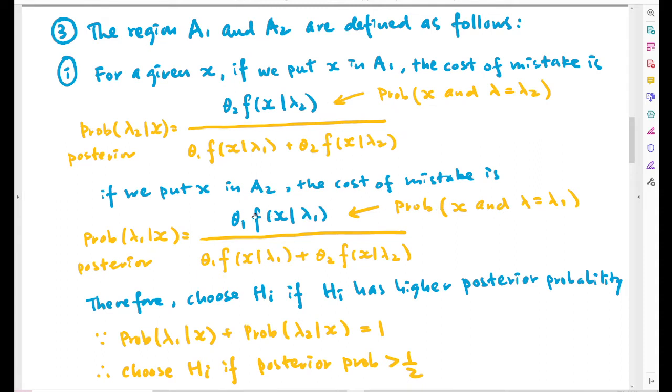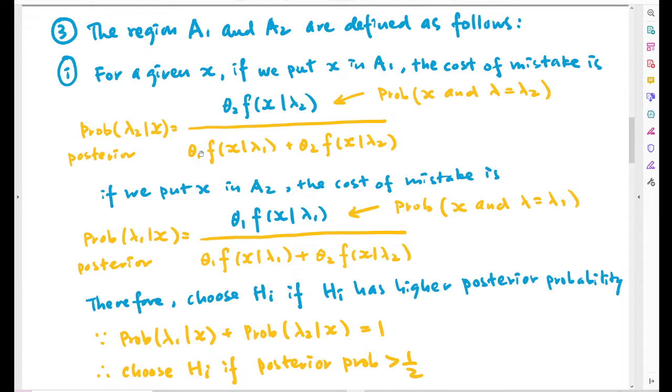And then we want to specify things in terms of posterior probability. Before talking about that, we just make a decision with lower cost, right? So essentially, when the cost of putting x in region 1 is lower, we put it in region 1, and if the cost of region 2 is lower, we put it in region 2.